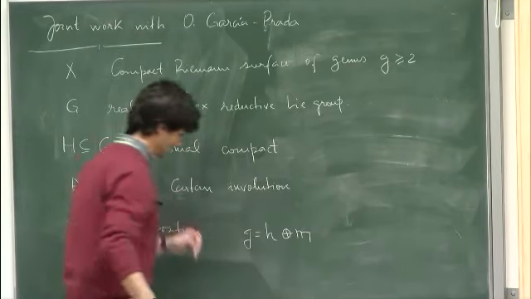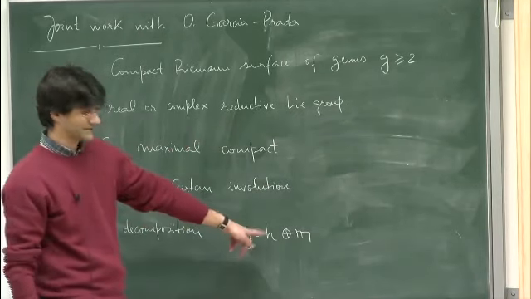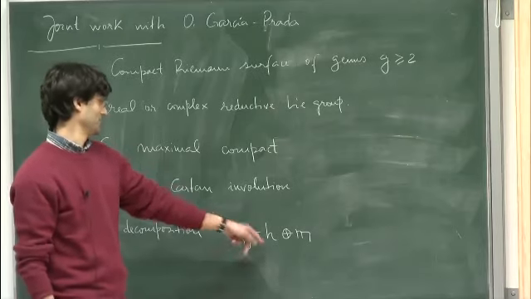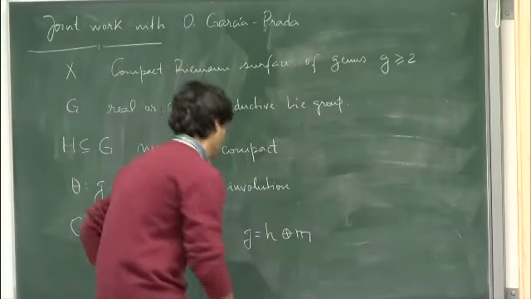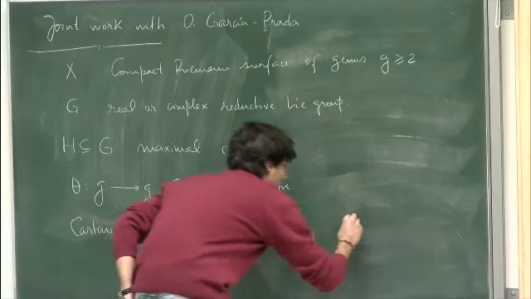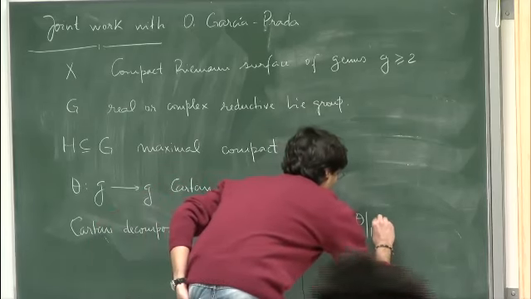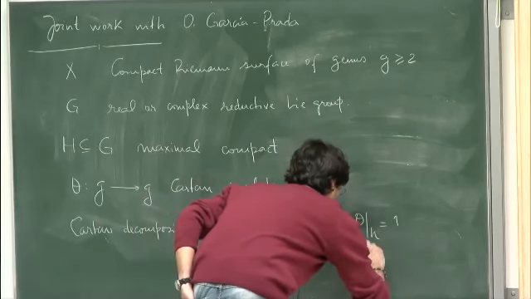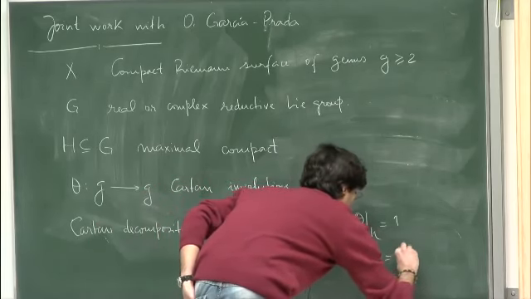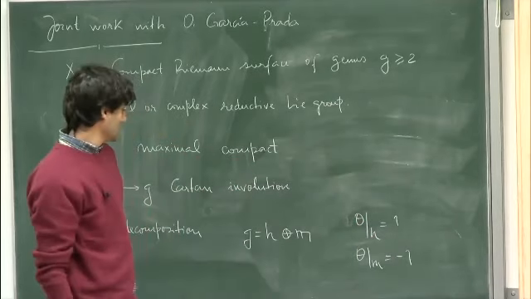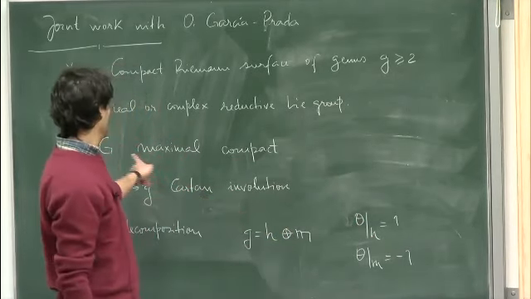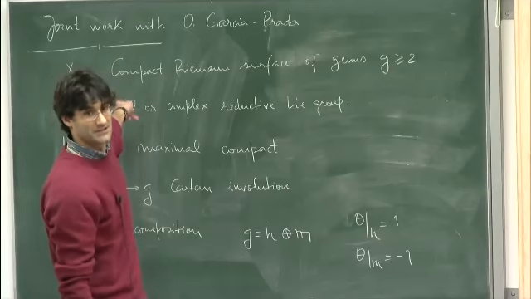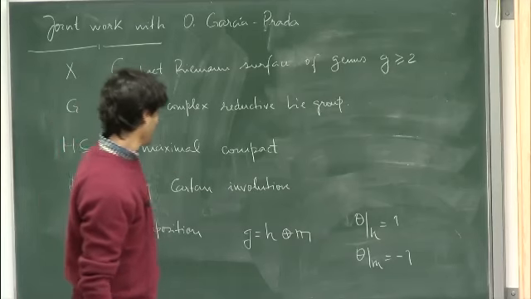So the Lie algebra of G splits as a direct sum of the Lie algebra of H and this complement M. So here theta on H is 1, theta on M is -1, and these are orthogonal with respect to the non-degenerate bilinear form which exists on G.